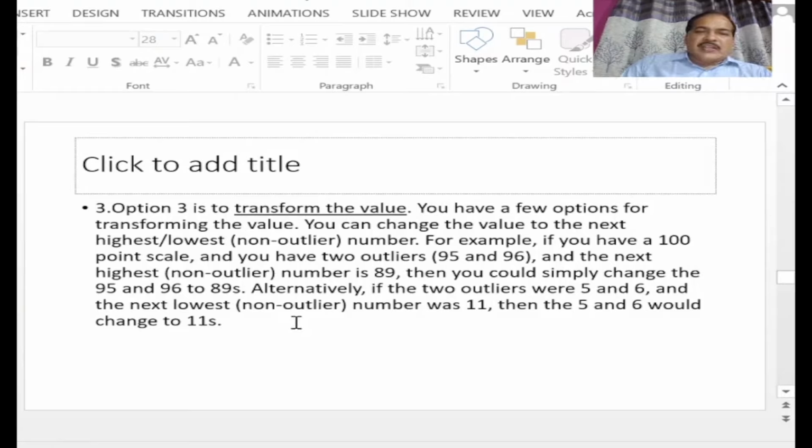For example, if you have a 100-point scale and you have two outliers, 95 and 96, and the next highest, the non-outlier number, is 89, then you could simply change the 95 and 96 to 89. Alternatively, if the two outliers were 5 and 6 and the next lowest value is 11, in that case 5 and 6 would be changed to 11. These are simple methods of transforming the extreme value into the next normal value.